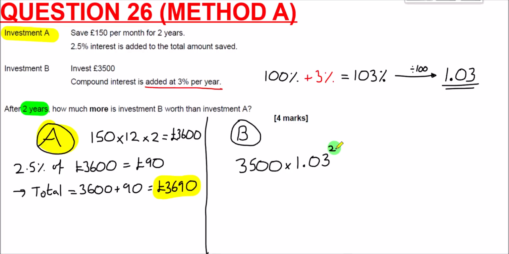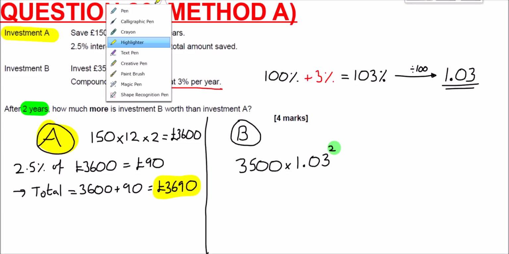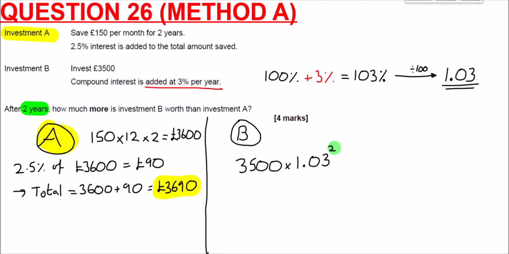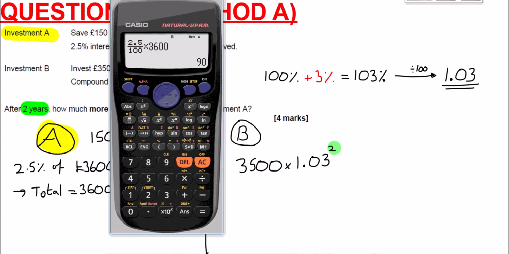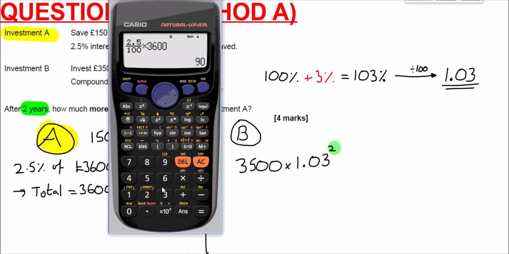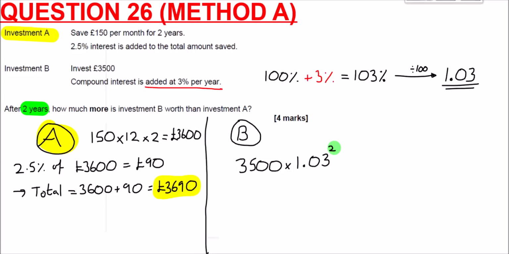If it was after 3 years, that would be to the power of 3, and so on. And so 3,500 multiplied by 1.03 squared comes to £3,713.15.